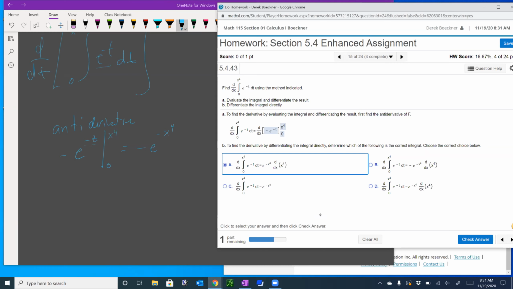Is there any difference between A and D? A and B have that minus sign difference. You're saying there's, what about A and D? Are there any differences there?